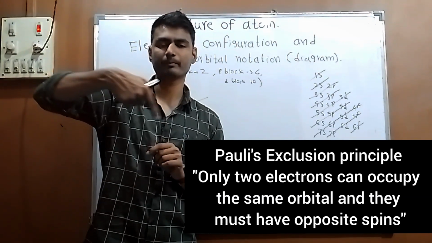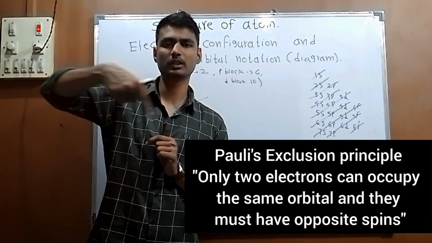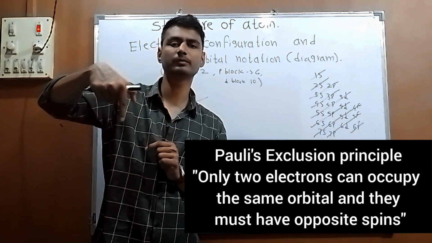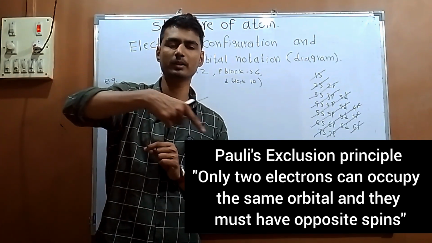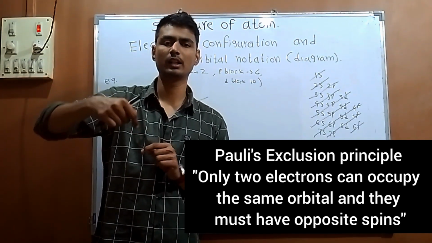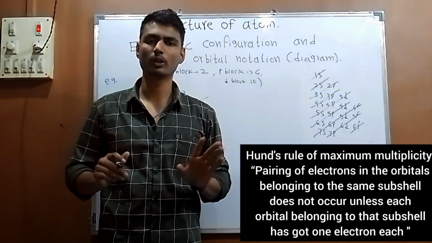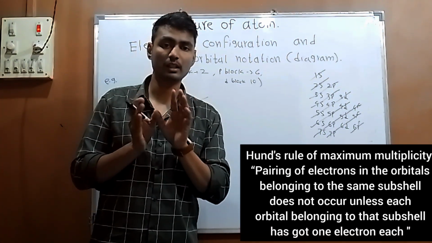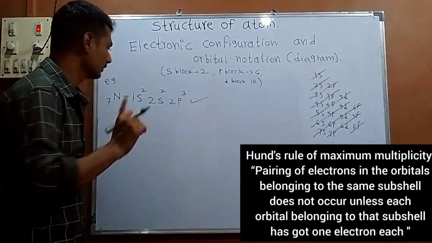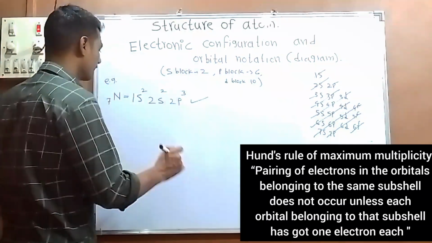So I am writing the principles here, Pauli's exclusion principle and Hund's rule. Now we are applying those rules directly. Listen carefully to draw the orbital diagram.